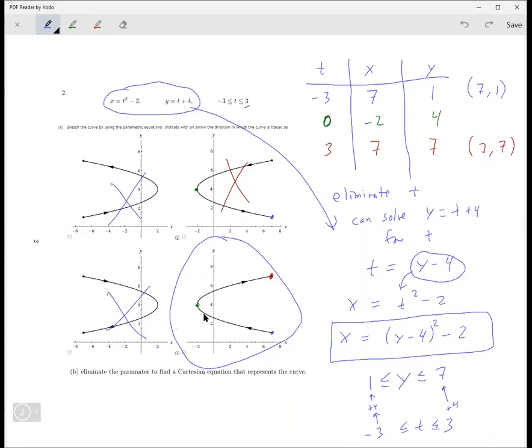It starts here and goes up to there. The second thing is it doesn't have anything to the right of x equals 7. Whereas this one would continue going on to the right, this one stops right there.